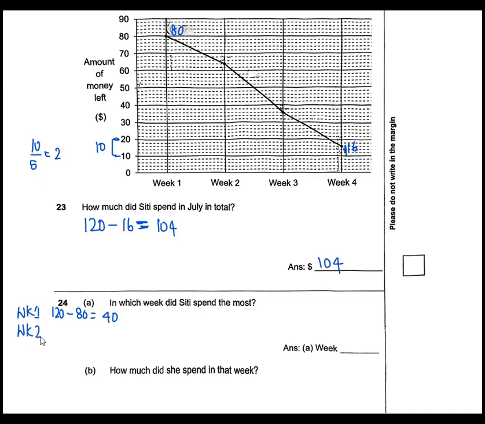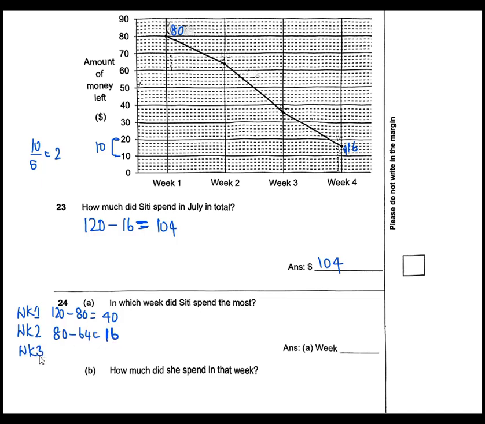Week 2, when she started week 2, she had 80. At the end of week 2, she had, how much is this? 62? I think it's 64. So she started off with 80 and she had 64 left. So that is $16. So she spent $16 in week 2.